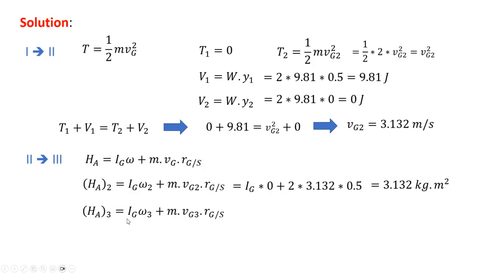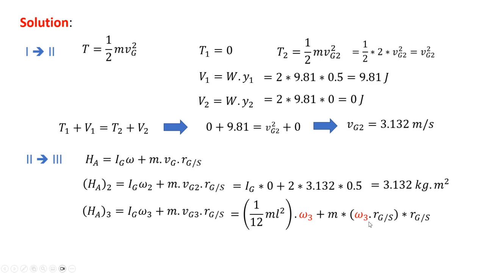Now we go to this side. The I is 1 over 12 mass length squared. What else do we know? Omega 3 is unknown yet. But the velocity here can be written as the omega 3 multiplied by 0.5 meters, right? So we can substitute that. By putting that together, we have the omega 3 times the RGS multiplied by the RGS, so this will be squared.